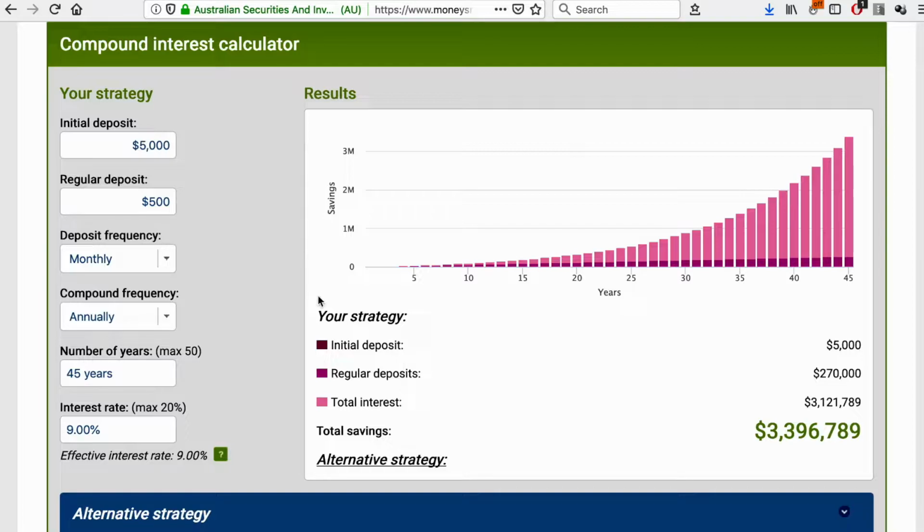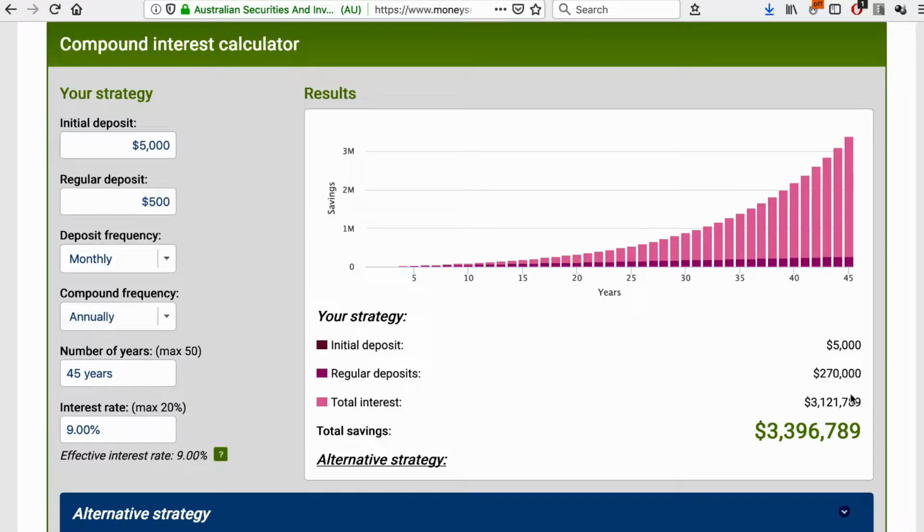So as you can see here, if you do this from when you're 20 to 65, so when you reach retirement age, if you do this, save up $500 every month and invest it, and this is just in an index fund, in a passive investment fund that normally gets an interest rate of between 8 and 10%, so I've just picked 9. If you do this and stick to this plan, by the time you are 65, you will have $3.396 million. So almost $3.4 million in the bank.